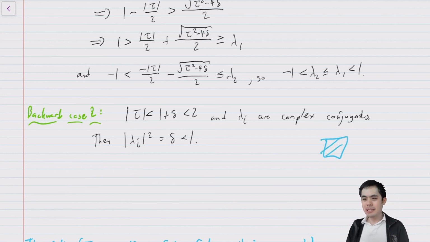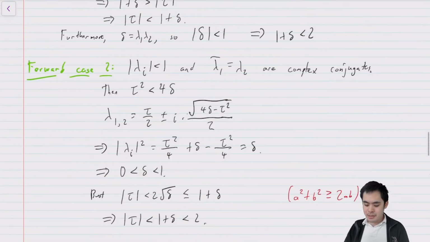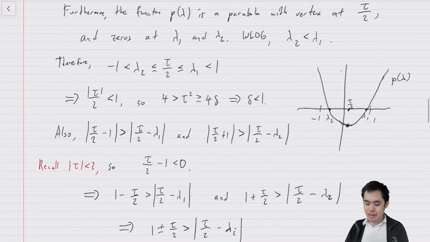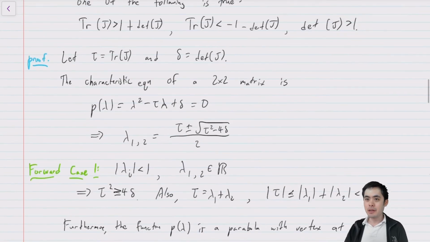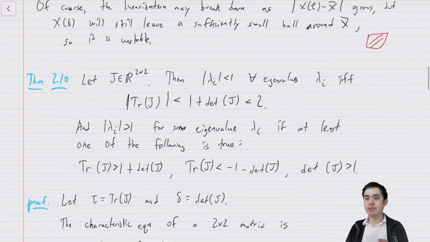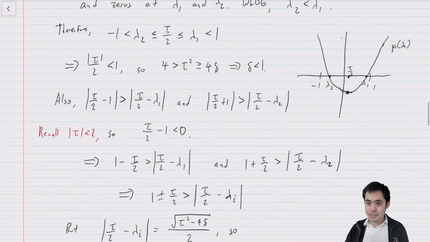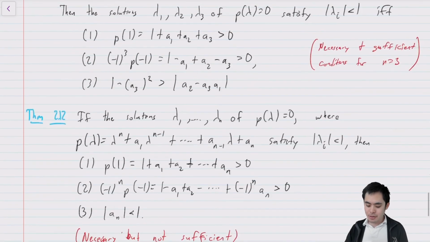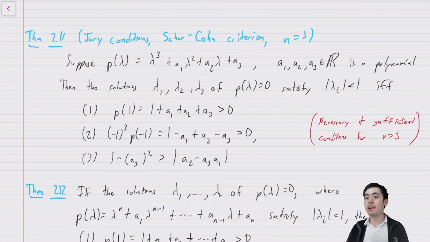So that was a lot of algebra and notation. Basically, this is what it takes in order to actually show that all your eigenvalues have magnitude less than 1, or that you have eigenvalues that have magnitude greater than 1. It's for this reason that we're not actually going to take the time and go through the proofs for the higher degree conditions. For n equals 3, it turns out that you can do something similar.